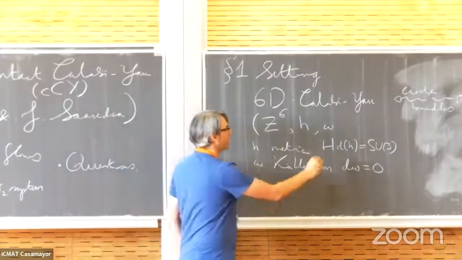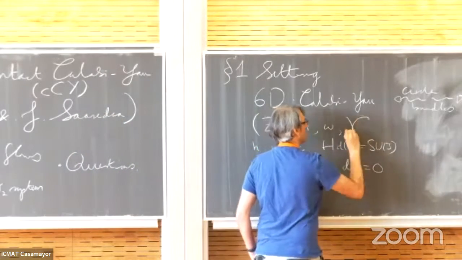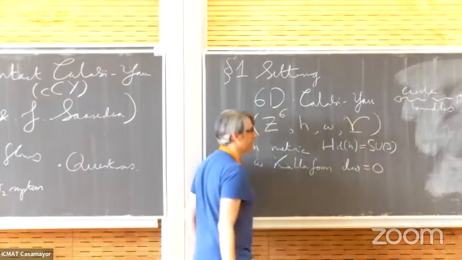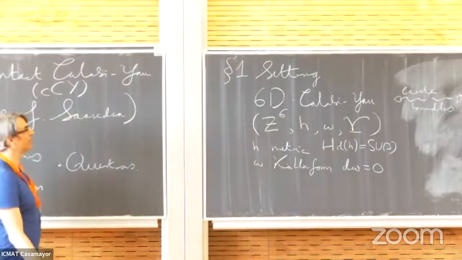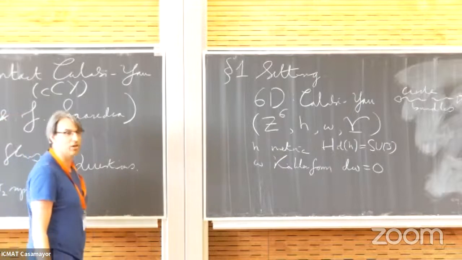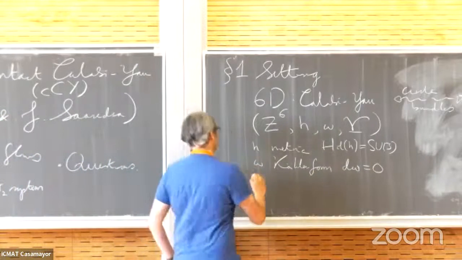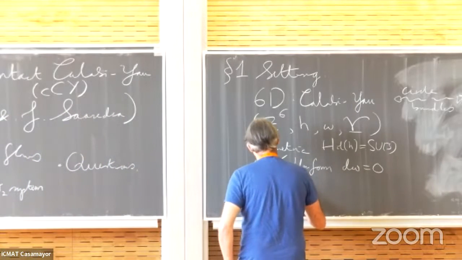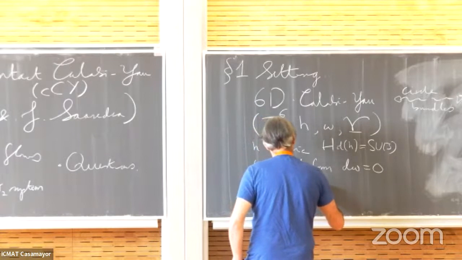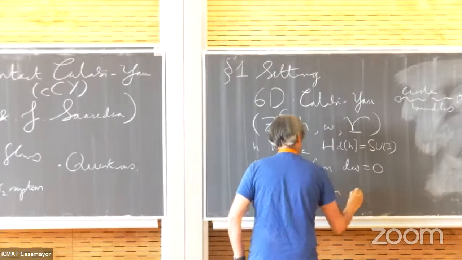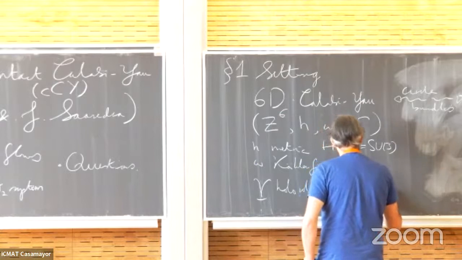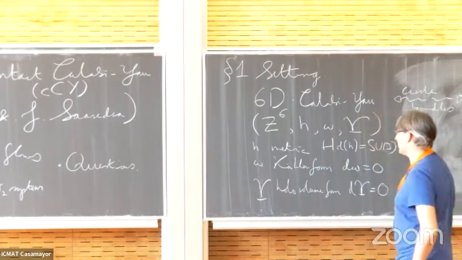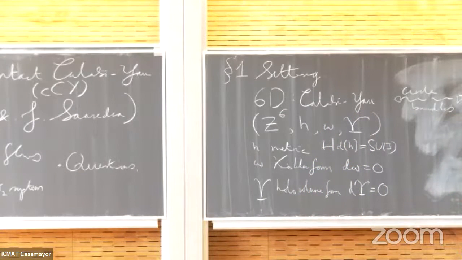And then the final piece of data we'll have here, which I'll call capital Upsilon, because otherwise there are just too many omegas in the game, is the holomorphic volume form, which in particular means that it's closed. This is a complex valued form.